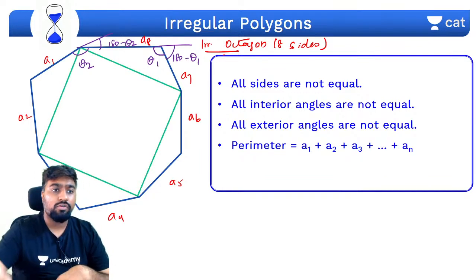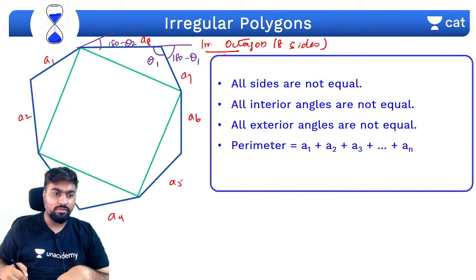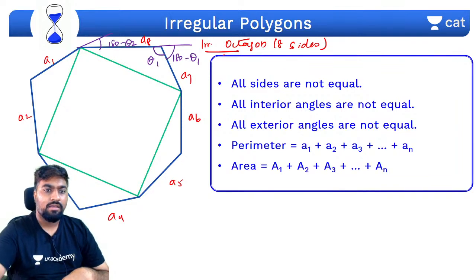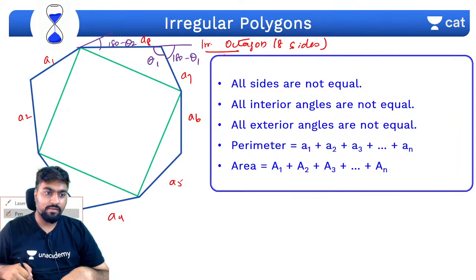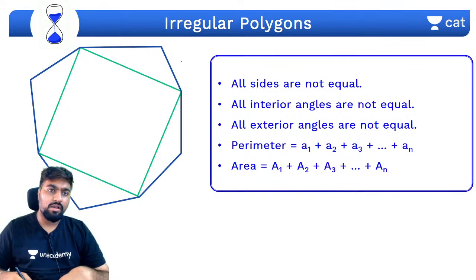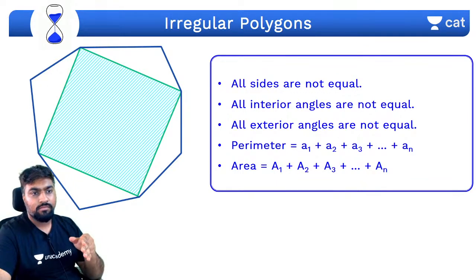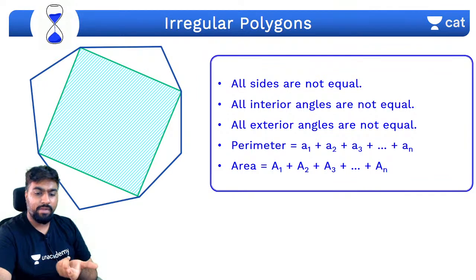And if you are interested in finding the area of this, what do you do? You find the area of the parts. For example, in this case, the area of this irregular octagon will be the area of this square, or if it's a rectangle, depending upon the shape, then this one, this one, this one, this one.